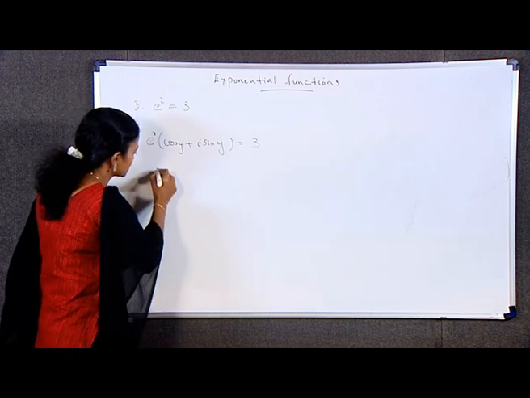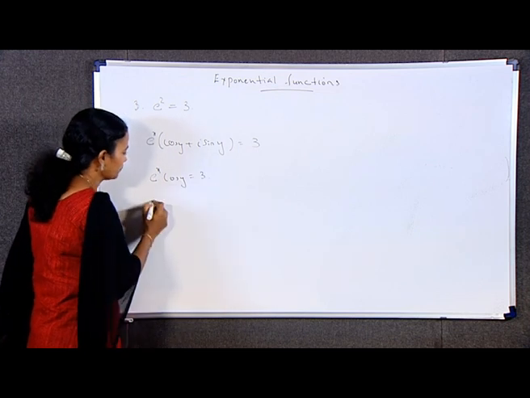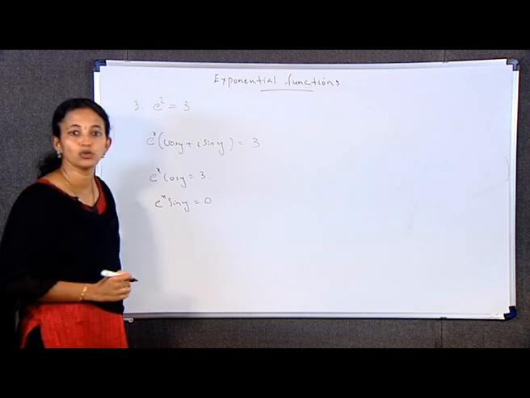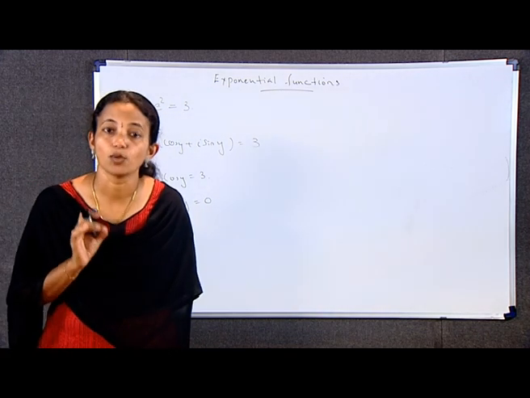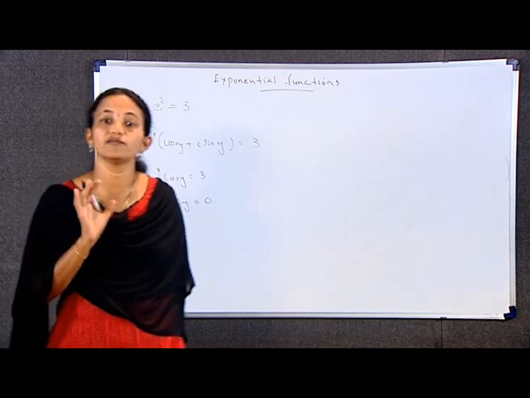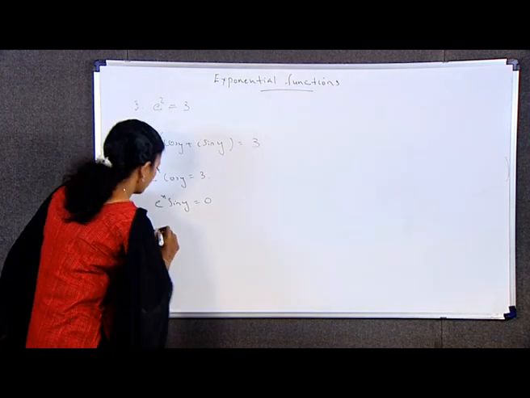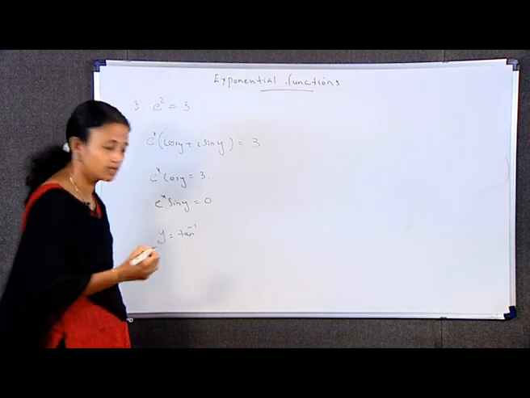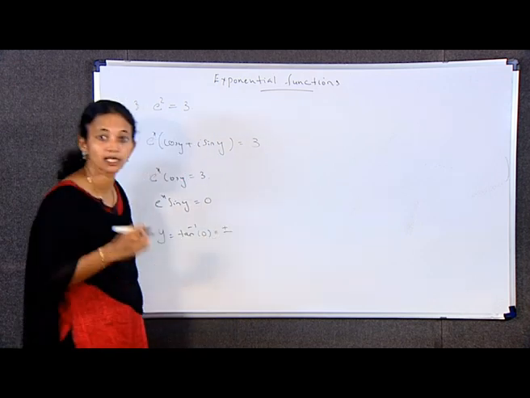That is, e raised to x into cos y is 3 and e raised to x into sin y is equal to 0, which implies e raised to x is equal to modulus of e raised to z, which is equal to 3, and y is equal to tan inverse 0, which is equal to plus or minus 2n pi. y is tan inverse 0, which is equal to what? Plus or minus 2n pi.